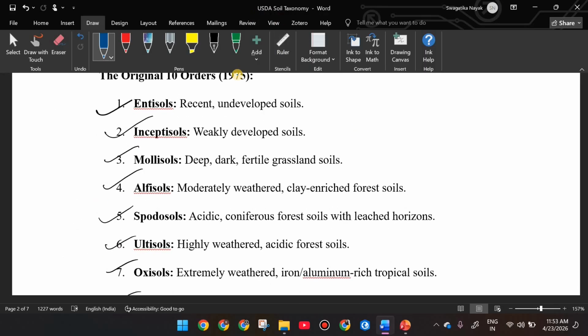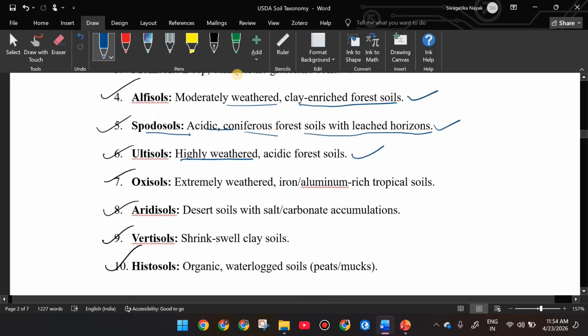Entisol means recent, underdeveloped or undeveloped soil, and Inceptisol, weakly developed soil. Then comes the Mollisol, dark, deep, fertile grassland soils. Then Alfisols, moderately weathered, clay-enriched forest soil. Then Spodosols, acidic, coniferous forest soils with leached horizons. And Ultisols, highly weathered, acidic forest soils.